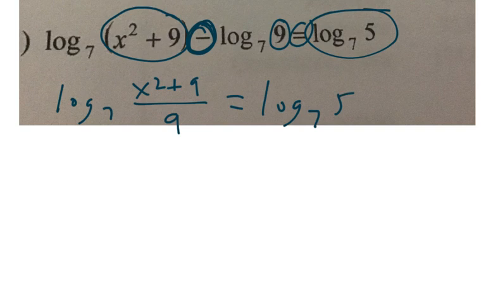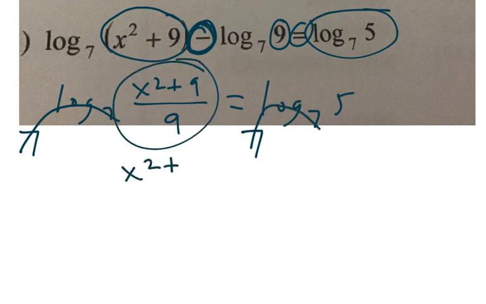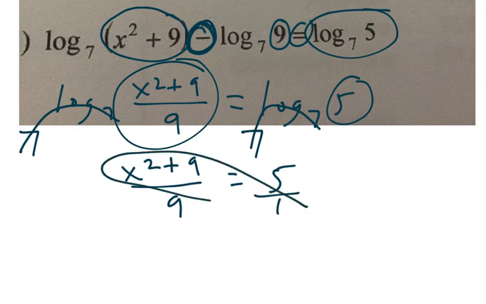But that's no big deal as long as you have 1 log on each side, because when I do a 7 power, the 7 power gets rid of the log 7s, and now you'll notice that I have x squared plus 9 over 9 equal to just 5. Let's put a 1 underneath. Let's cross multiply.